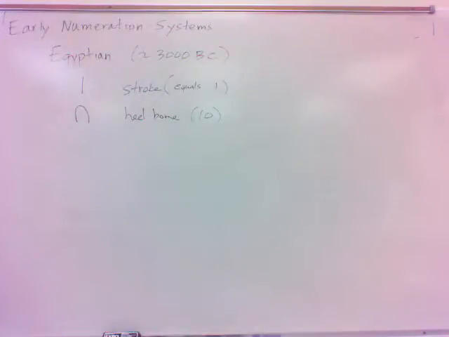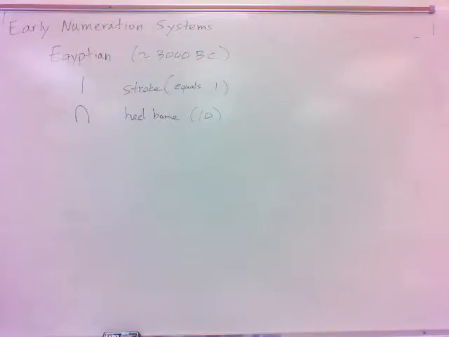And they're similar. Our system is base 10, right? We have what we call base 10. We'll talk more about that in a moment. But theirs was a base 10 also. They went by powers, which just means we use powers of 10, and they did too.